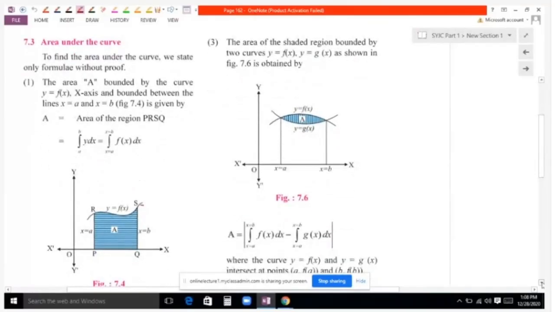एरिया अंडर द कर्व, ये देखो सबसे पहले पढ़ो फर्स्ट फॉर्मूला.